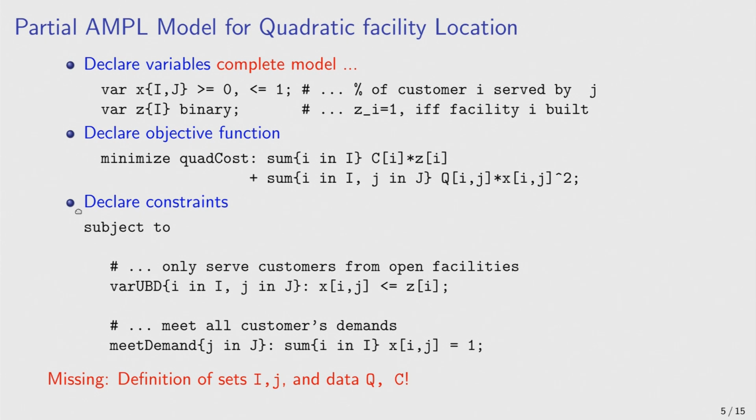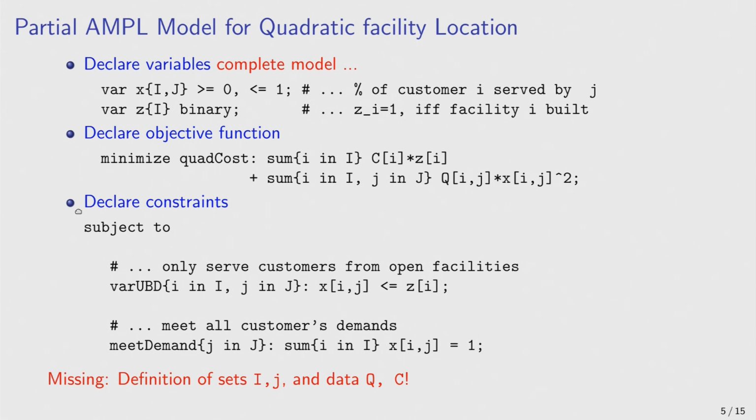And then I declare an objective function. In this case, I minimize the quadratic cost. And that's the sum of the fixed cost, that's the first sum there. And the second summation is the sum of the variable cost. And you just write Xij squared. So Xij is the variable, and you don't have subscripts because that's not possible.